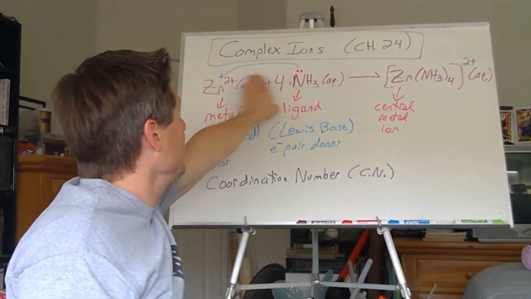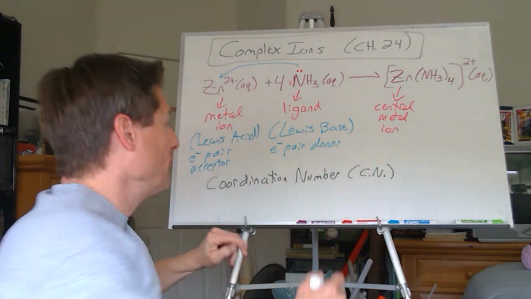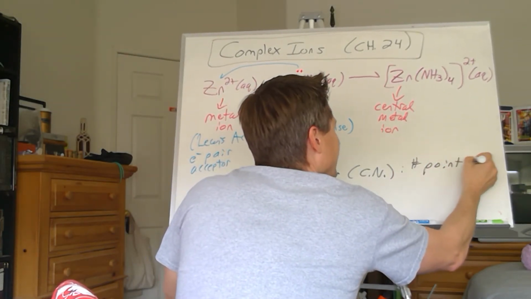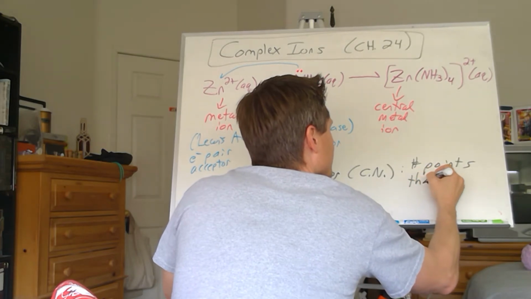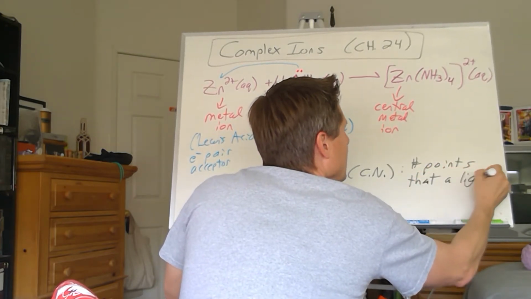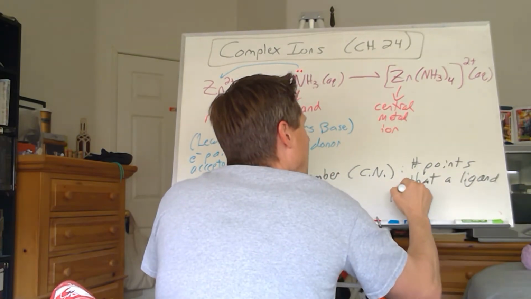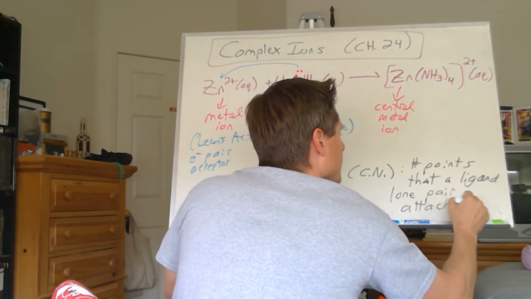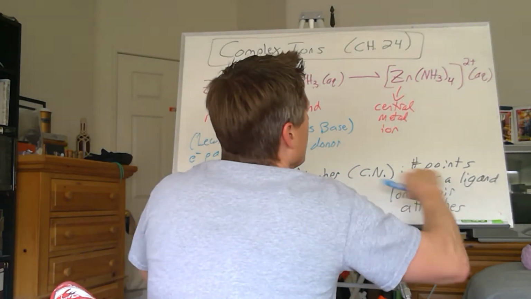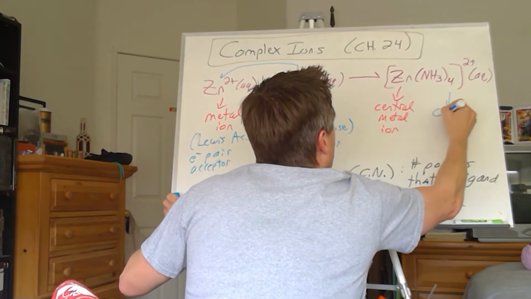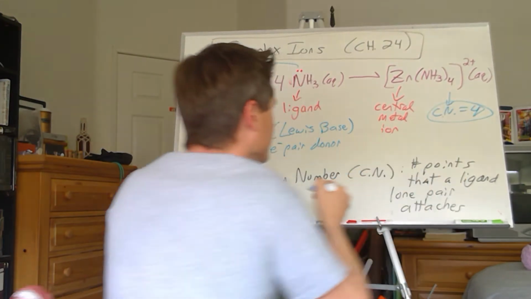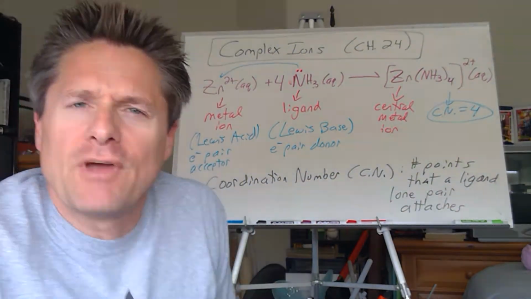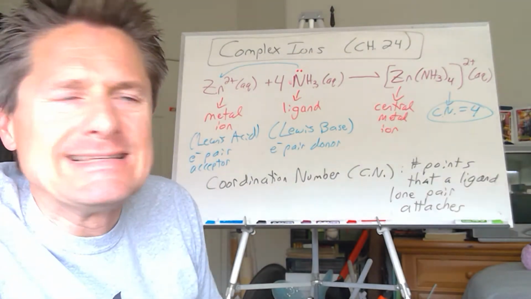So if 4 of these attach, that's going to have a coordination number of 4. So in this scenario, this would be a coordination number of 4. And there's some exceptions to that. We'll talk about the details, but I just want to give you the basic idea of what's happening here.